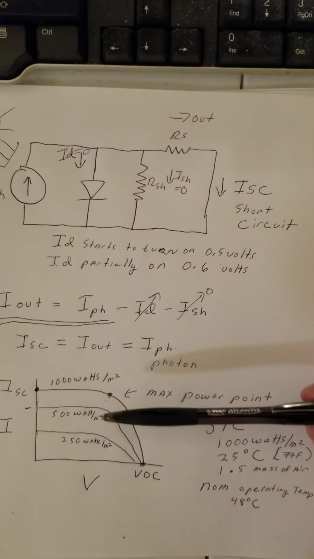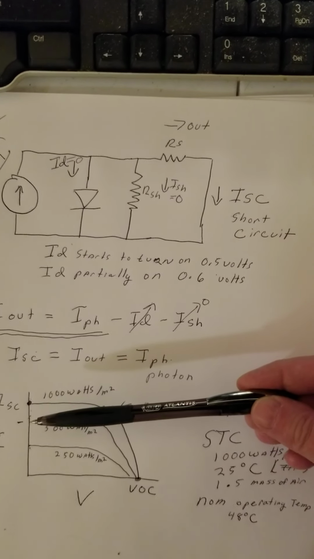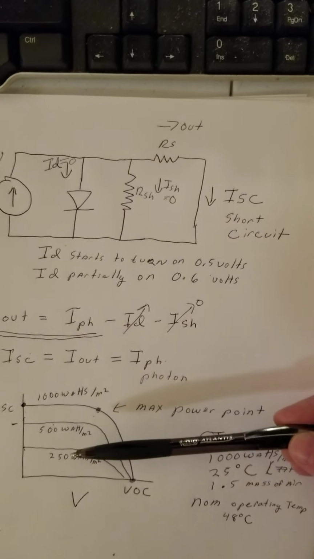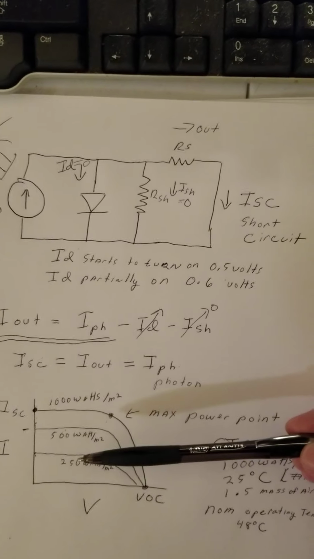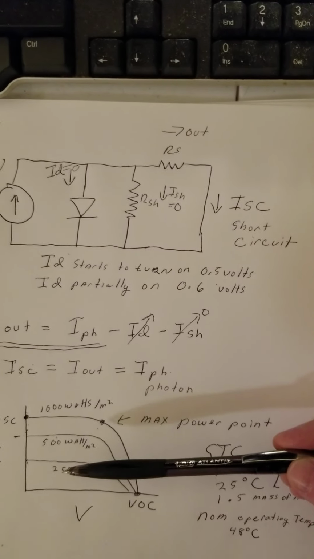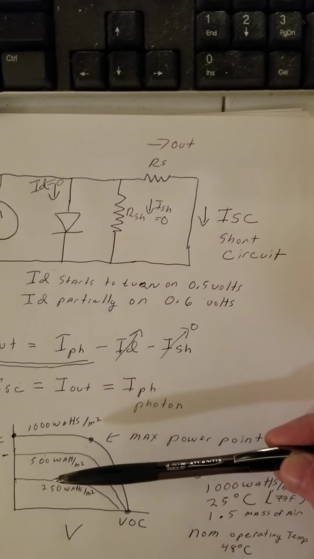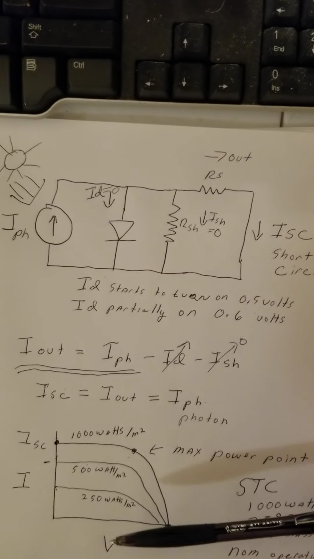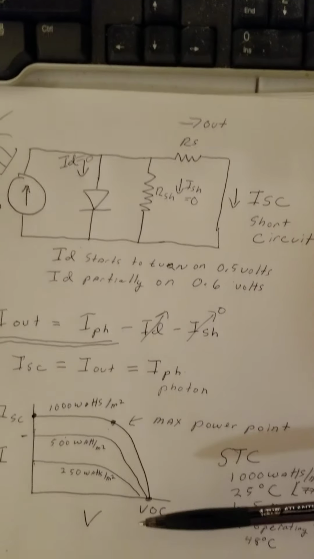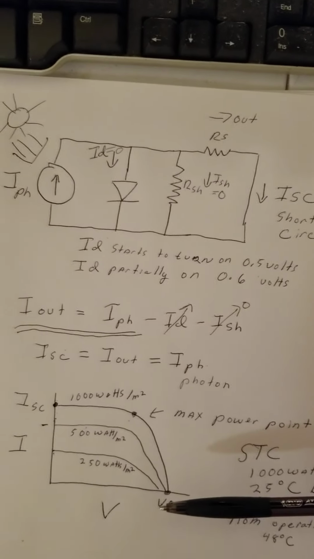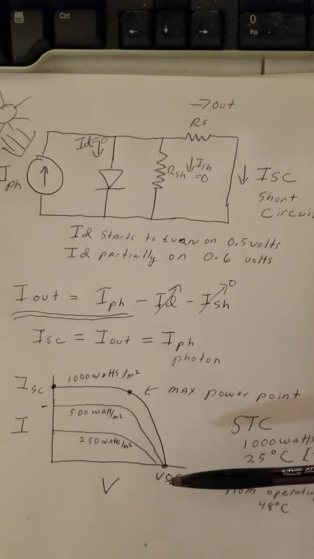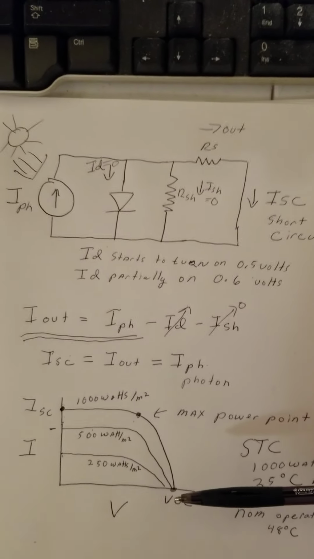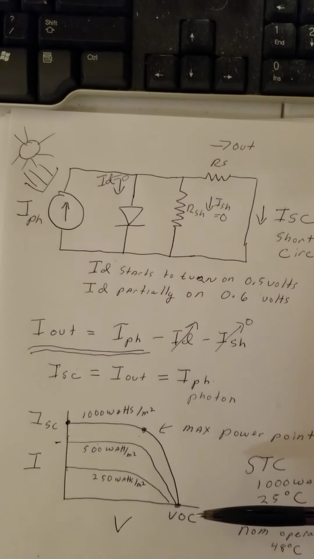If there's less light due to clouds or low sun angle, so that the radiation gets lower, this curve shrinks down. This is a current versus voltage curve, and VOC is open circuit voltage. In my previous video, I said that's approximately 0.6 of a volt times the number of cells in the solar panel.